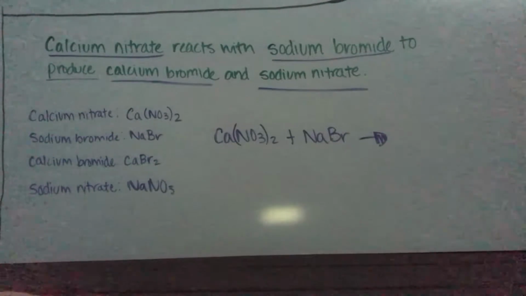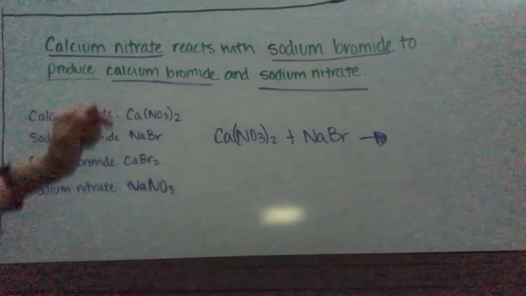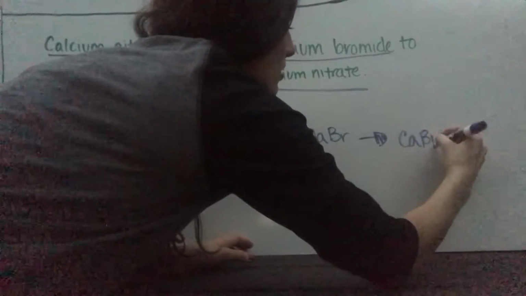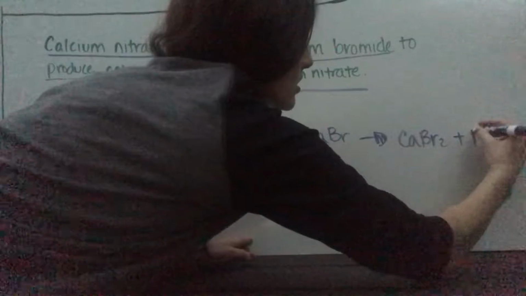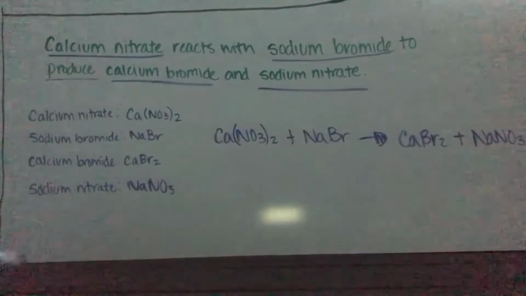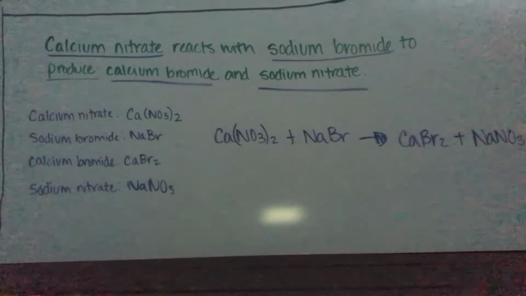And then my product side will include the last two pieces, which is calcium bromide, CaBr2, and sodium nitrate. Okay, so my equation is written. Now I just have to balance it.